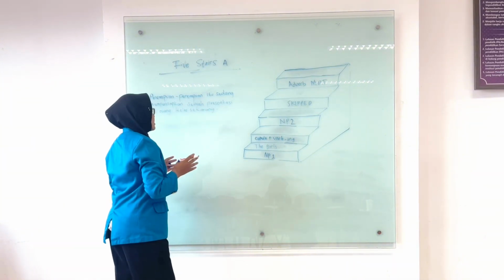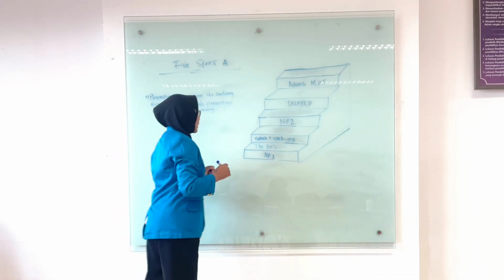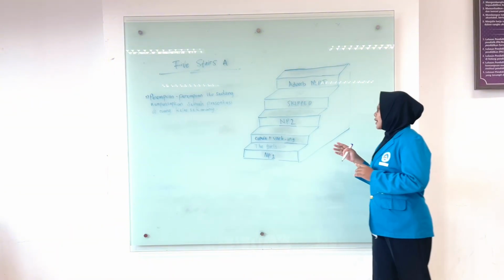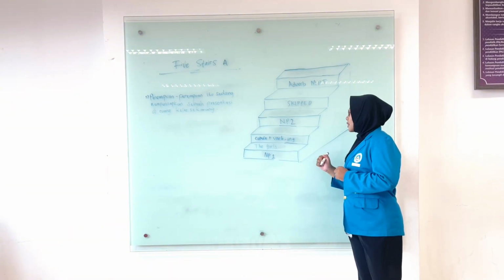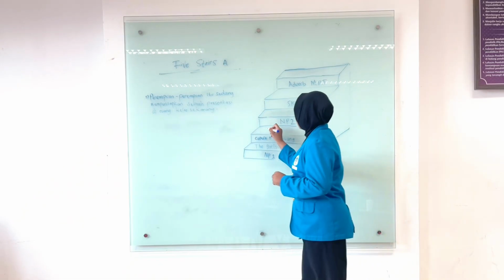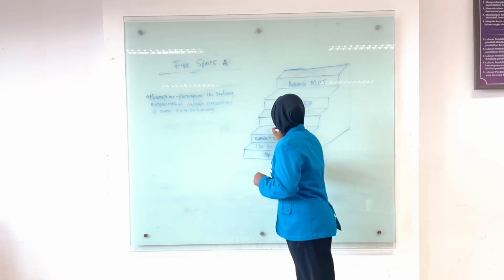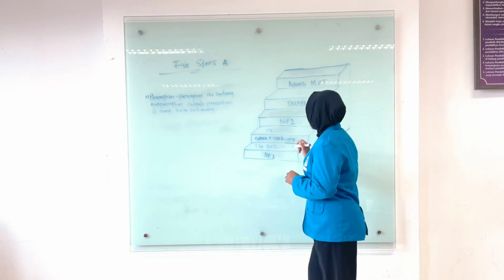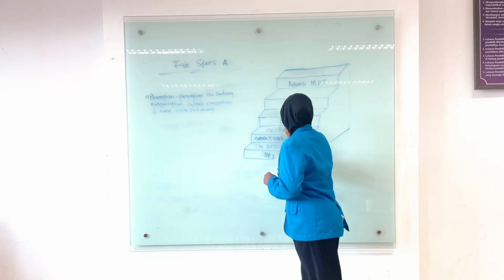And the second stair is copula plus verb in. Because the girls is more than one, so we use are. And the verb is preparing.